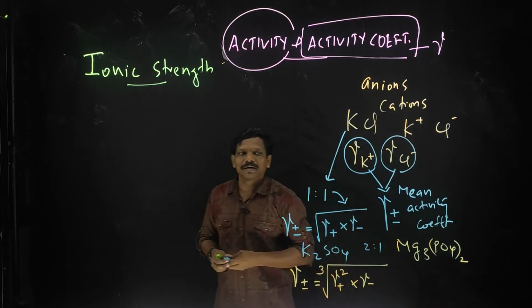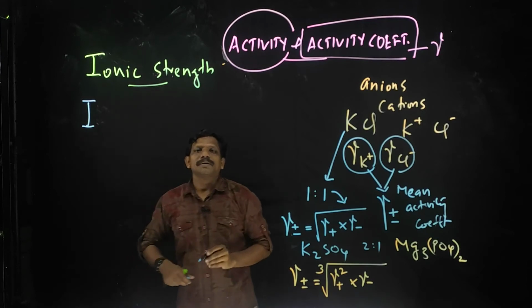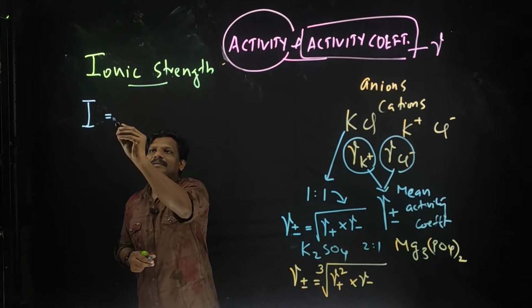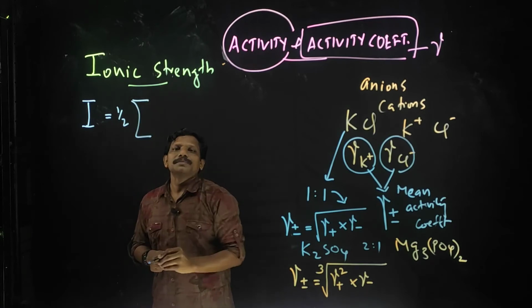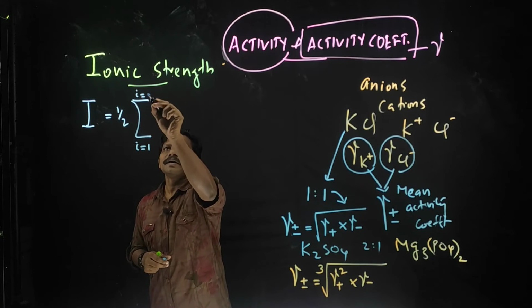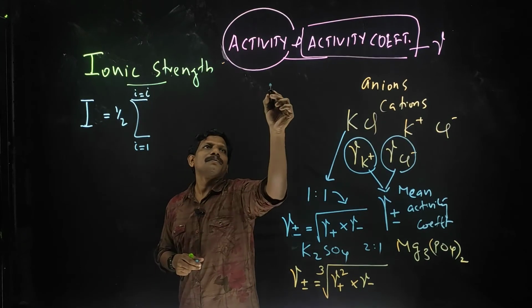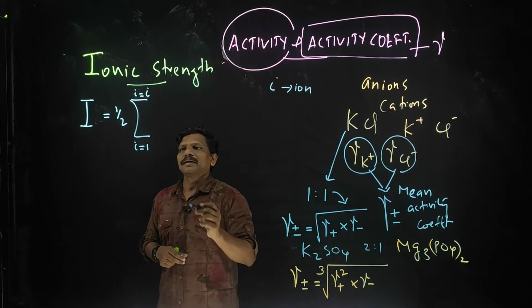So how can you express the ionic strength? Ionic strength can be represented by I, that is equal to half into the sum over i equal to 1 of Ci Zi squared. Here i is the ion we are dealing with.